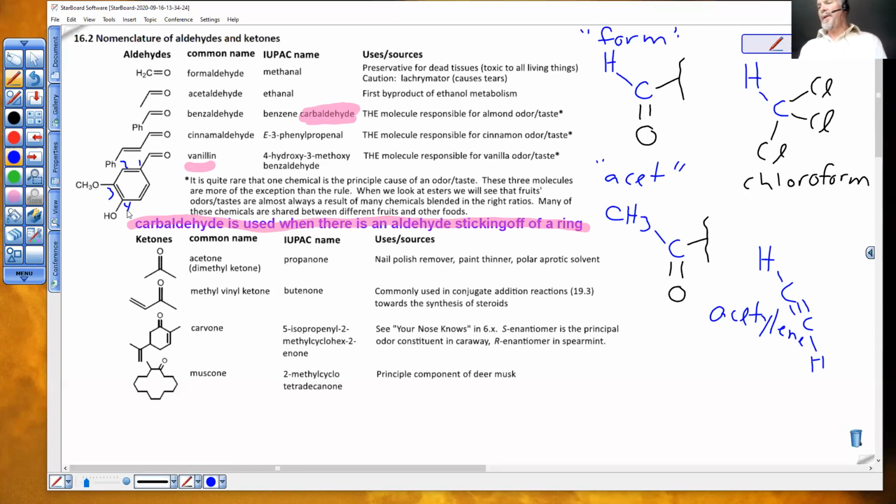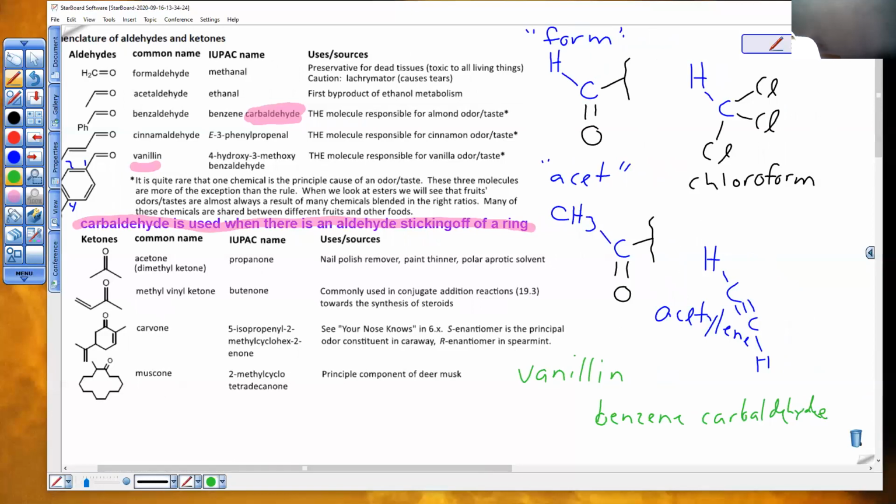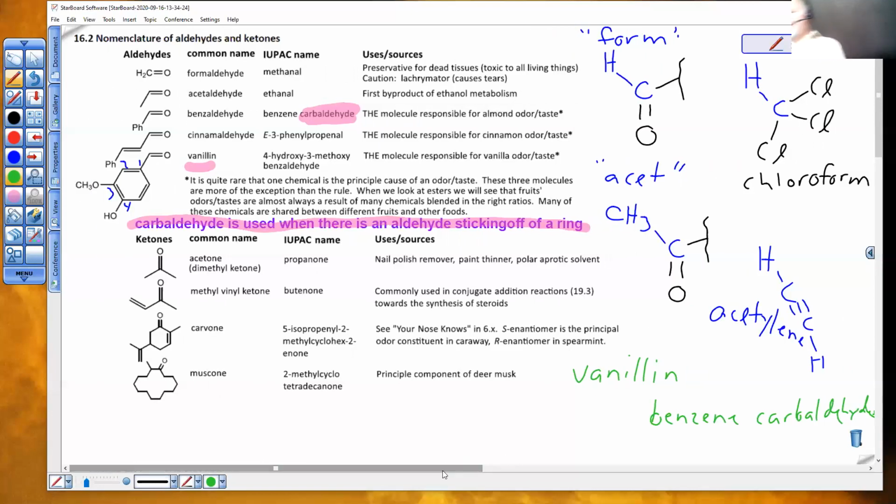So we'll do an alternate name for vanillin. It'll be a little awkward because we're going to use the carbaldehyde naming. So we're going to call it benzene carbaldehyde instead of benzaldehyde. And it follows the same pattern after that. It's got a hydroxy on 4.